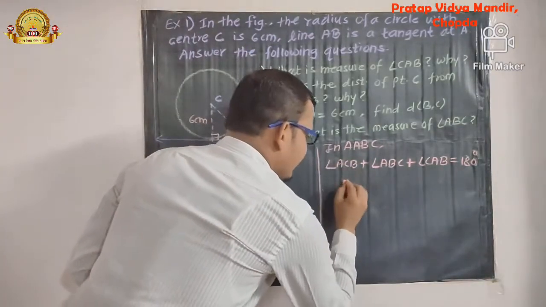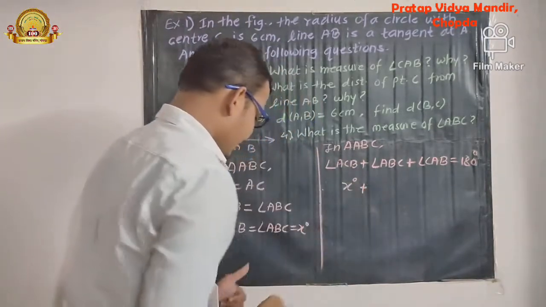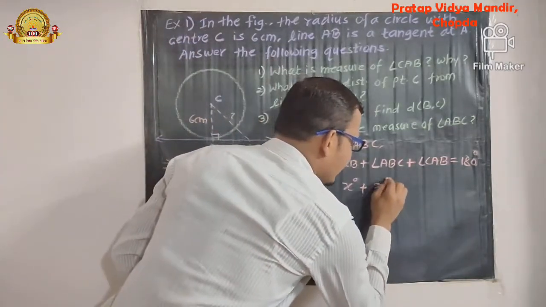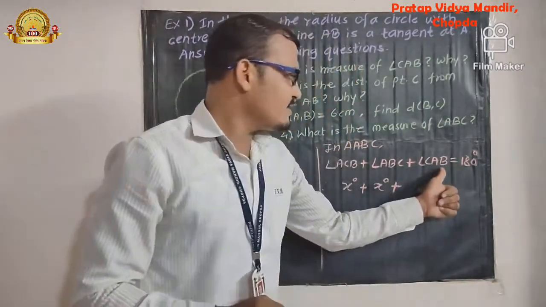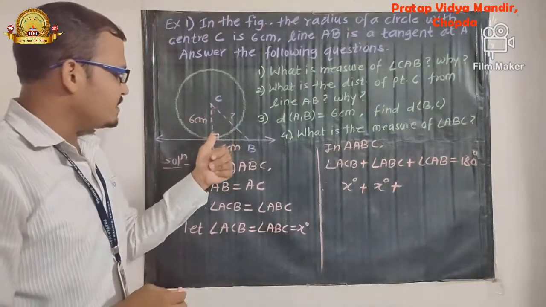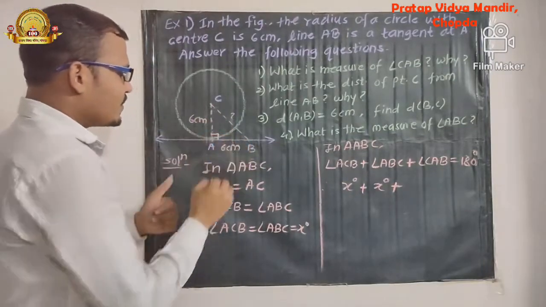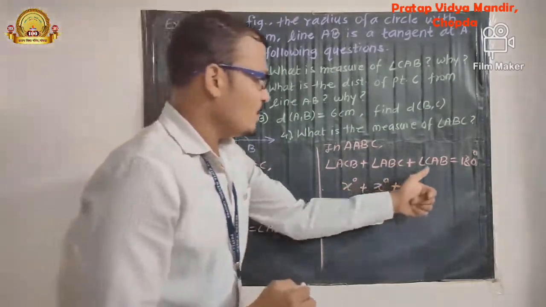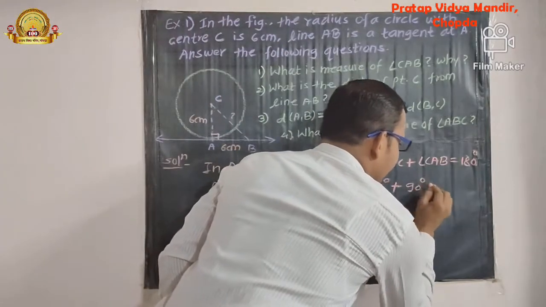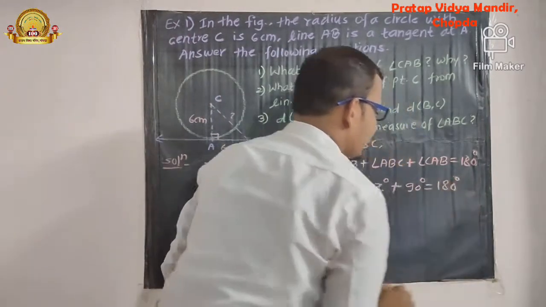So put ACB as x degrees plus ABC also x degrees, and we know that CAB is of measure 90 degrees because this angle is a right angle.